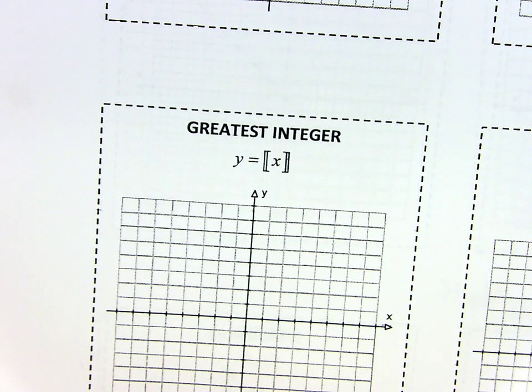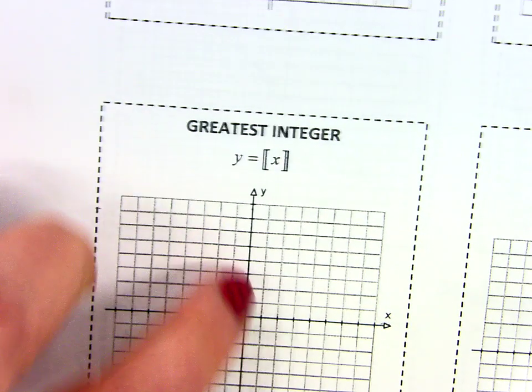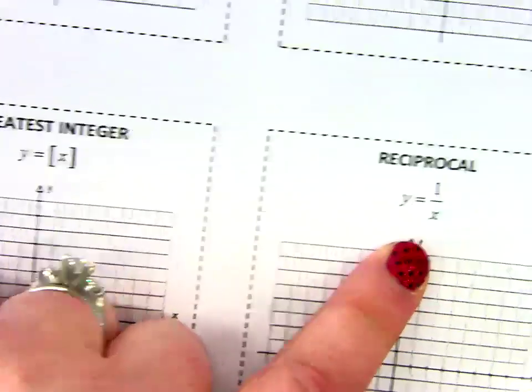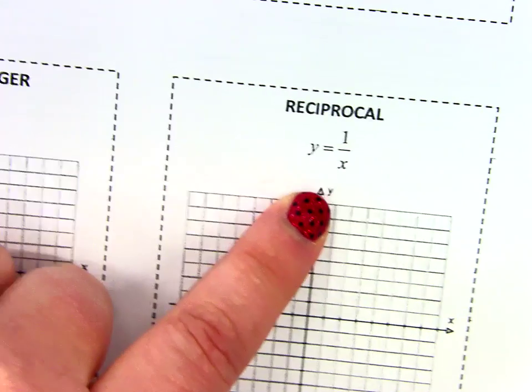So it's not quite the same as rounding, right? Because if I rounded 3.7, you'd usually round it up to 4. You're going to round down to the integer that came before that number, that's less than or equal to your number. So we'll do a couple of these, and then the reciprocal one. Do you know what this one looks like?